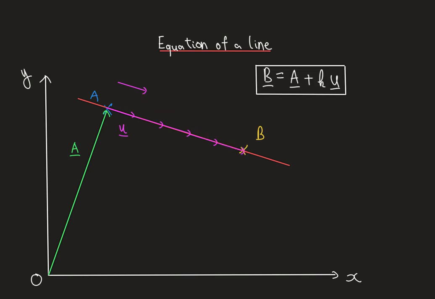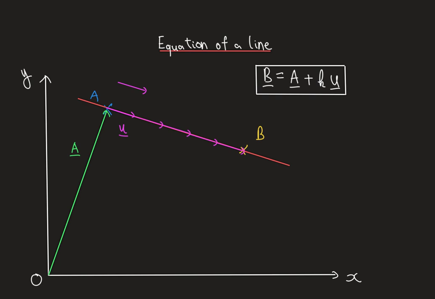It's crucial to really and fully understand what we have done here. Essentially, we have shown that any point B on our line can be reached using a position vector and a direction vector. And that's how we define our line.